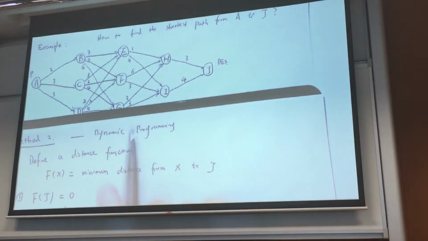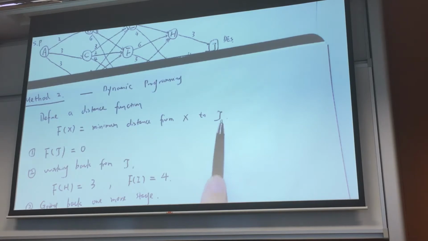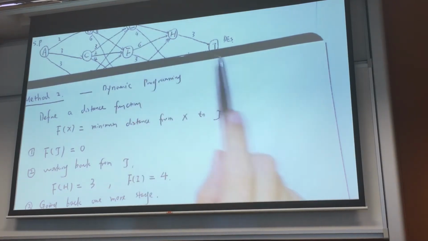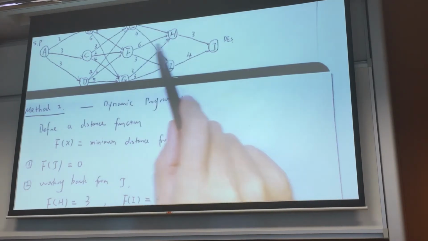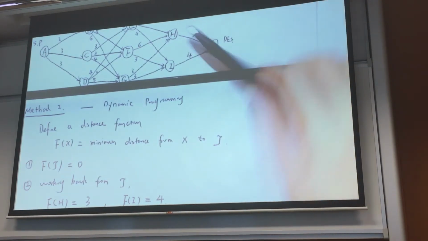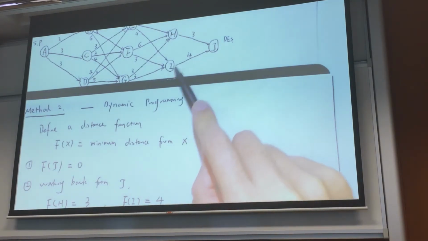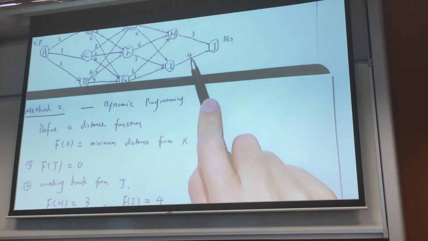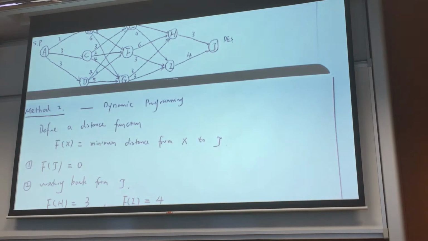This function f(E) means the minimum distance from E to J. But here we are not calculating this part again, because we already know the minimum cost at H is 3 and the minimum cost at I is 4. We do not explicitly explore this part, but directly use these optimization results.